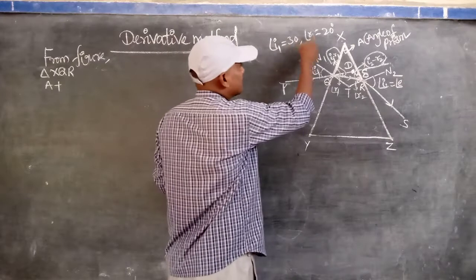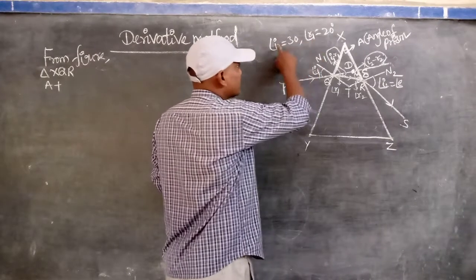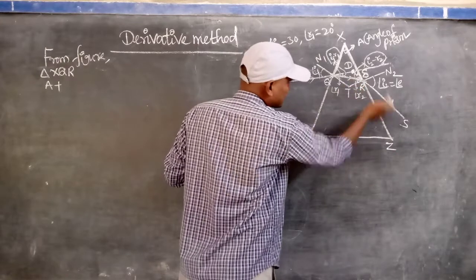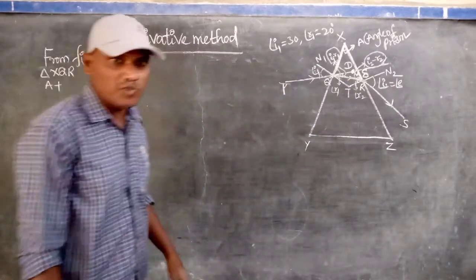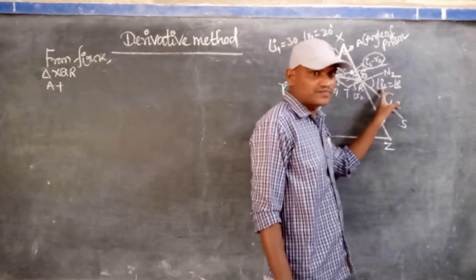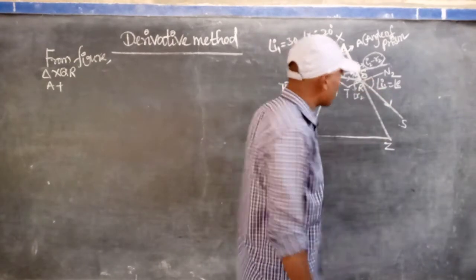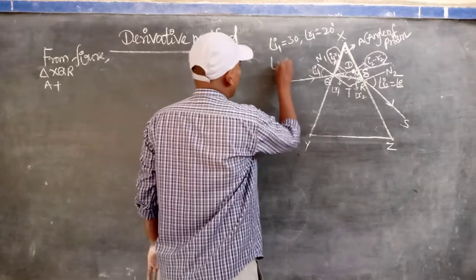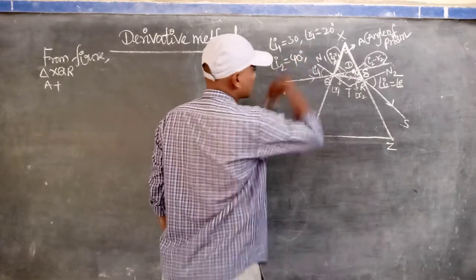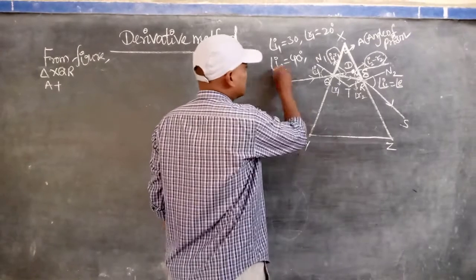Means I is greater than R, or R is less than I. But here, when light travels from denser to rarer medium, the angle of deviation is more, so the refracting angle is more. Now this is the angle of emergence. So I2 we can say, for example, 40, just for your understanding.